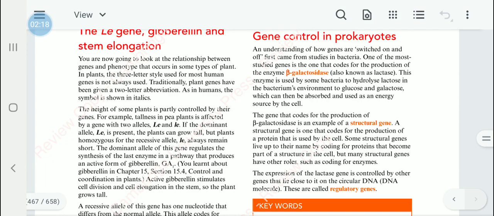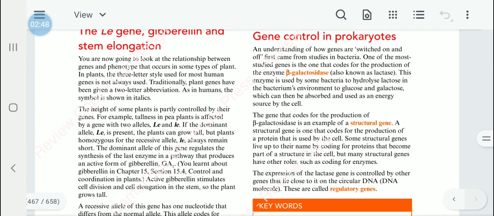So the pea plant's height is defined by the presence of capital LE or simple LE allele. If the capital LE is there, then it is going to be dominant and show a greater height. But if homozygous for the recessive allele, if both alleles are simple LE, then it is going to remain short.